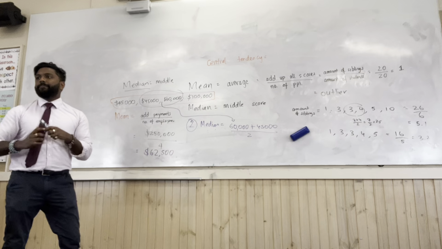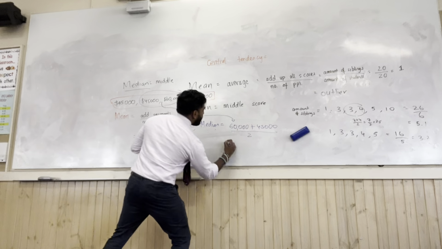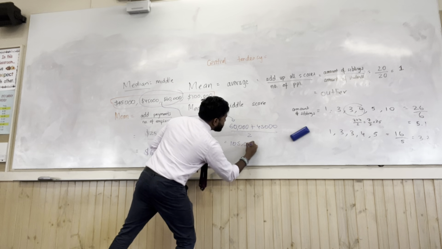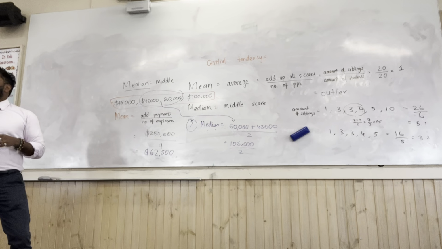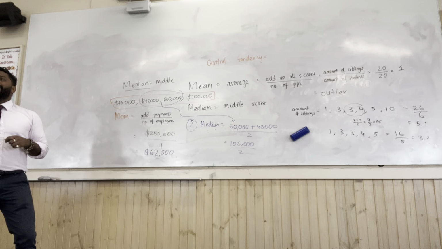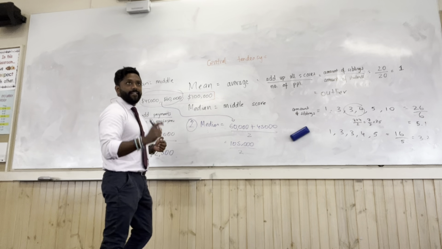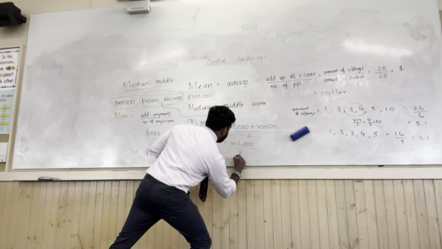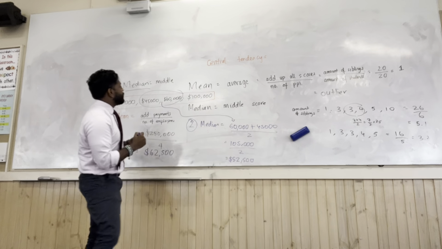And what do you have there? 105,000 divided by 2. What's that equal to? 52.5? Yeah, you're right. 52,500. So that's the middle number.